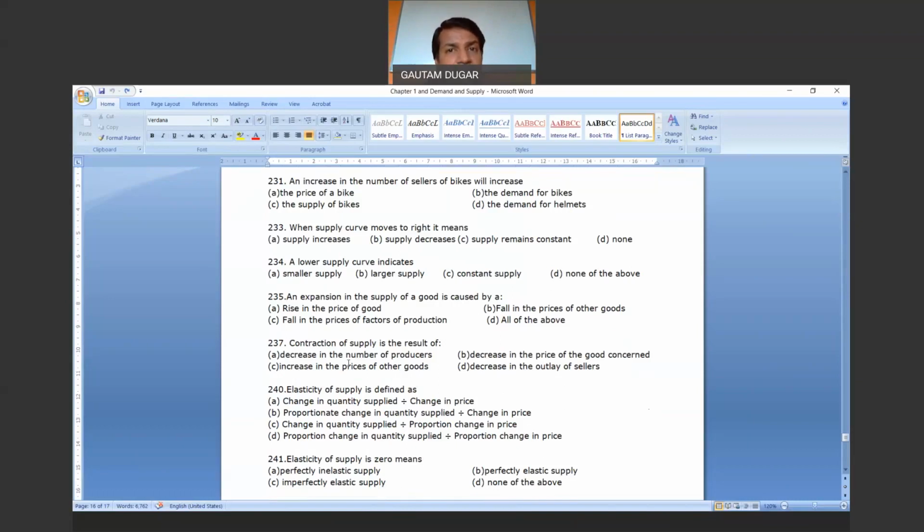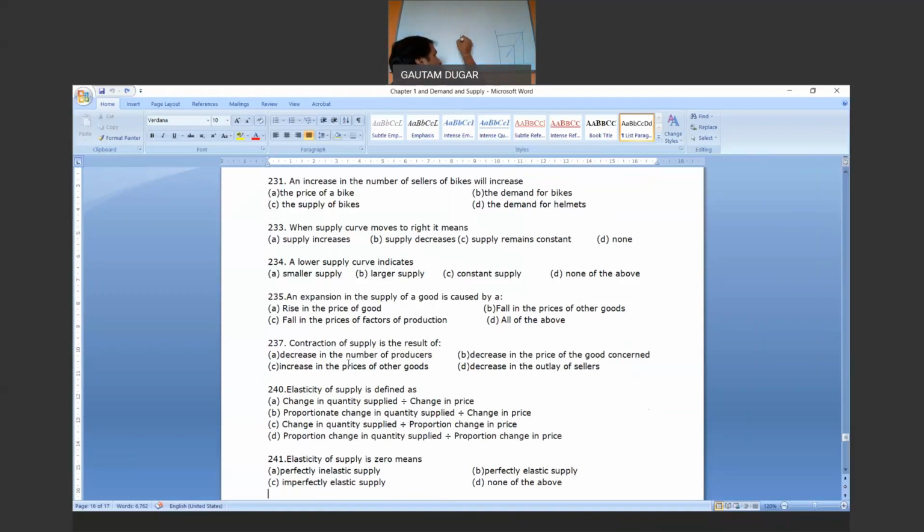And in that case, it is also called movement along the same supply curve. This is change in quantity supplied, a movement along the same supply curve, or expansion and contraction in supply.